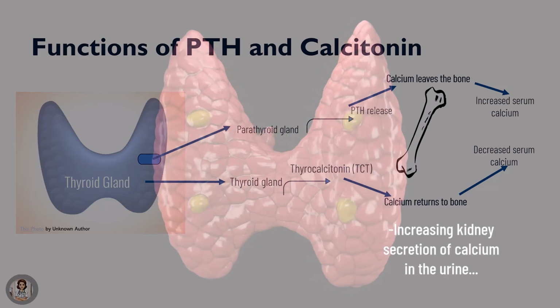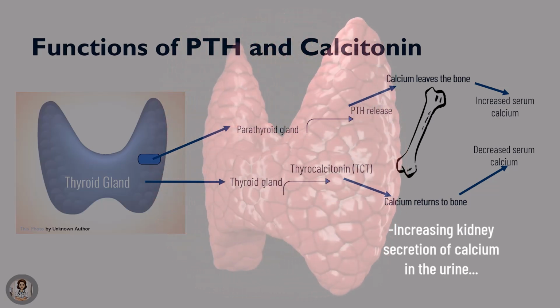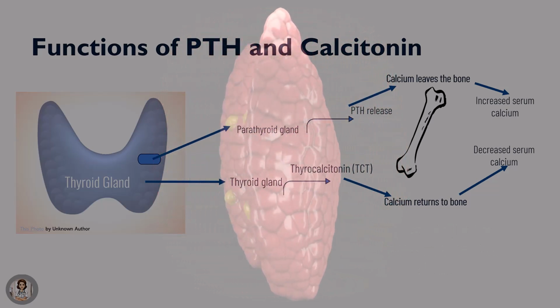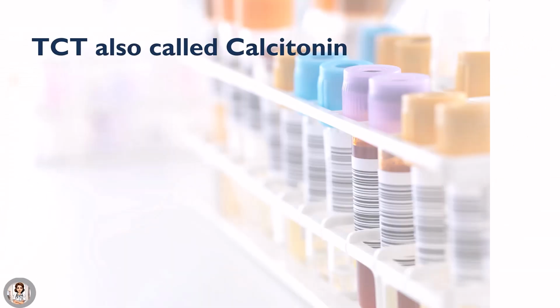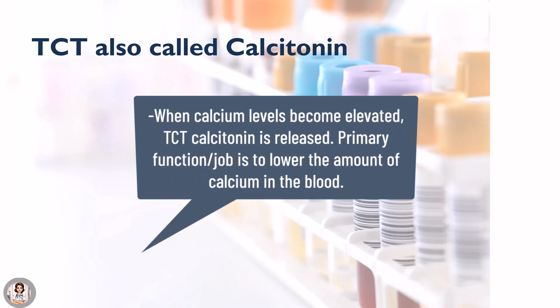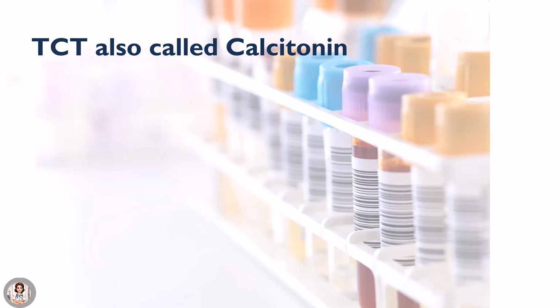All of these homeostatic mechanisms help to either increase or decrease serum calcium levels. TCT is also called calcitonin. When calcium levels in the blood get too high, calcitonin is released. Its main job is to lower the amount of calcium in the blood.